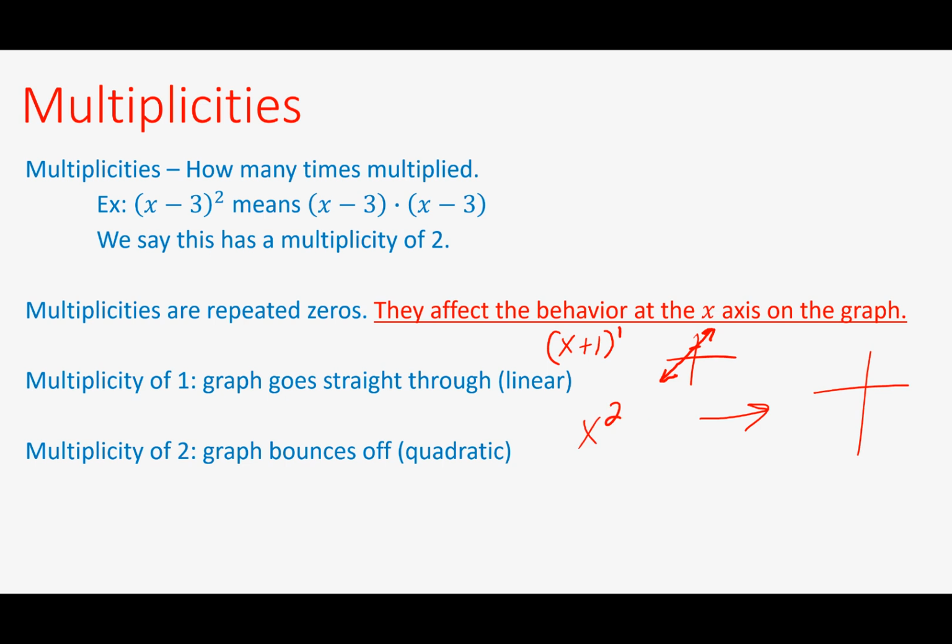Let's just say x squared. And that is a multiplicity of 2. It's x times x, essentially. We know that that's a parabola that looks like the U shape with a vertex at the origin. So when I say bounces off, it's bouncing off the x-axis. It is not going through the x-axis. It's just bouncing off. So a multiplicity of 2 will cause a bounce.